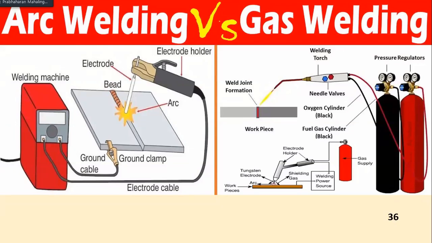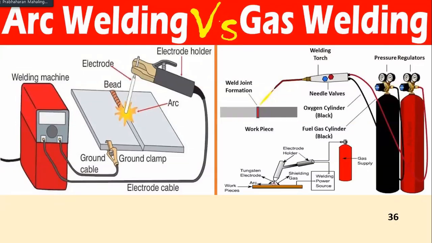It's a black portion that already covers the welded surface. So the slag should be removed by a chipping hammer. There's a special hammer available that can be utilized to remove the slag, because slag is of acidic character, so it should be removed.